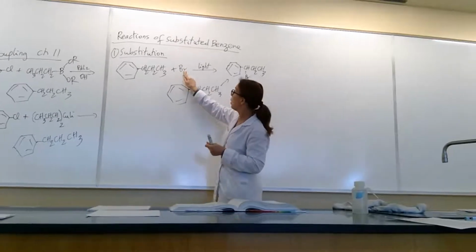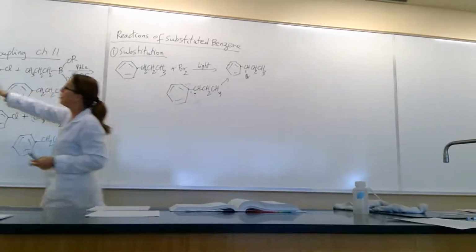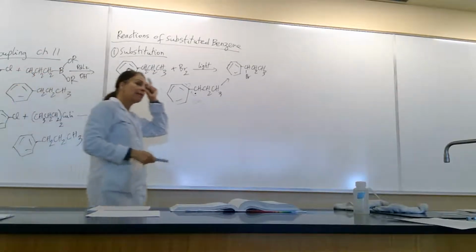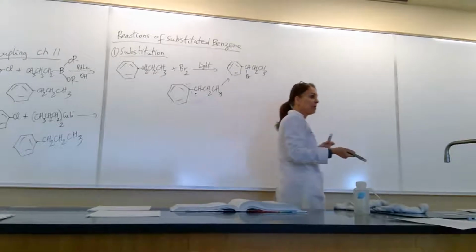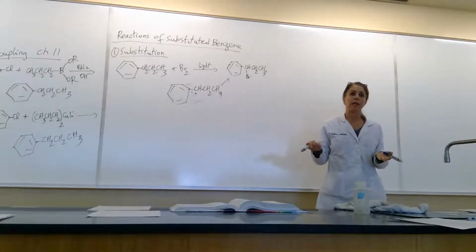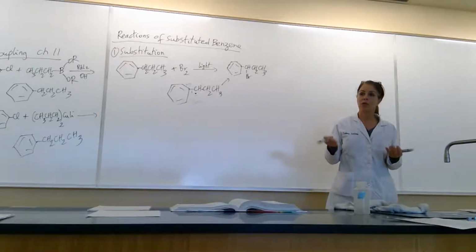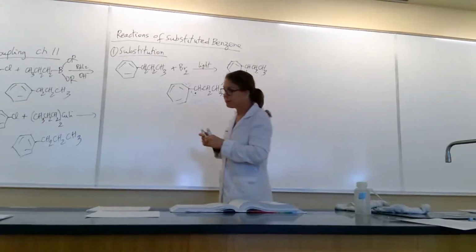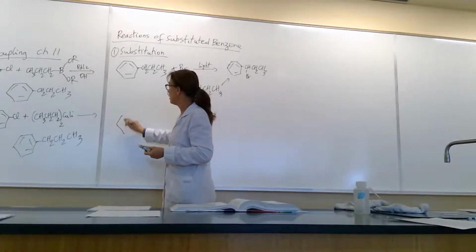So if I see Br2 with light, it's very different from Br2 with what? FeBr3. If you see the Lewis acid, it means the reaction is on the benzene. But if you see just light, that is not enough to make the reaction happen on the benzene. Okay? Next one, you can also do this.